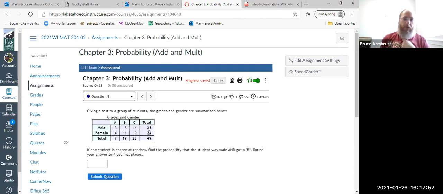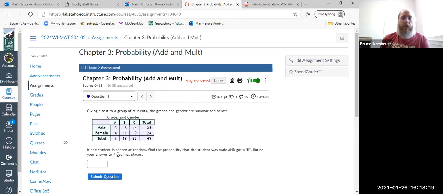And there were 24 females who took the test, and their scores were 4 A's, 11 B's, and 9 C's. This row is telling us the total number of A's, B's, and C's. So in our class of 49, 7 people got A's, 19 got B's, and 23 got C's. Good news, nobody got a D or an F. Everybody passed.